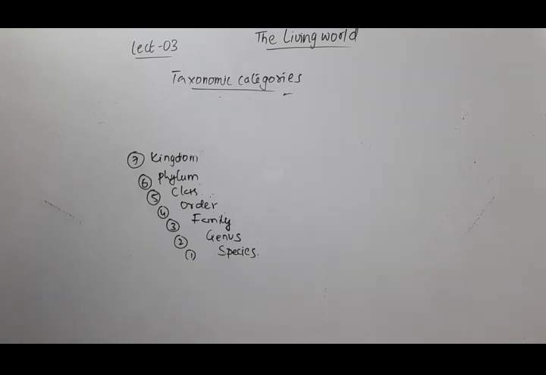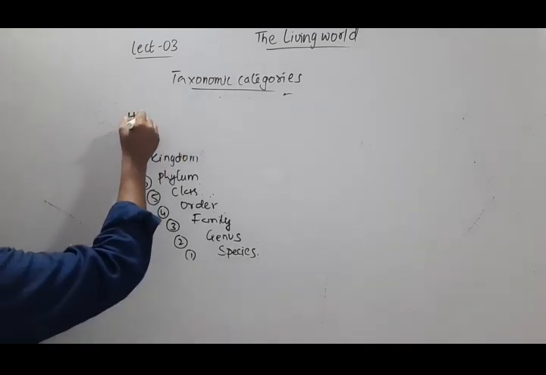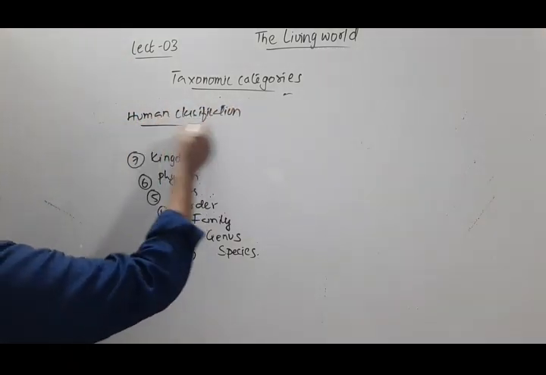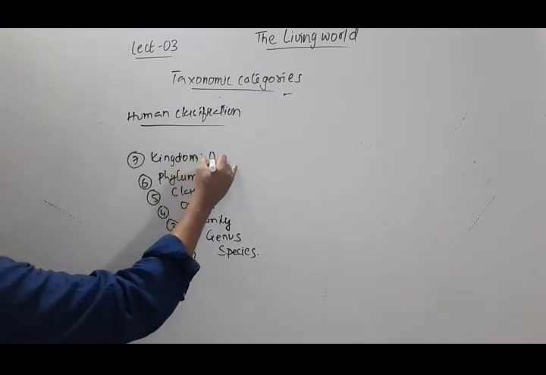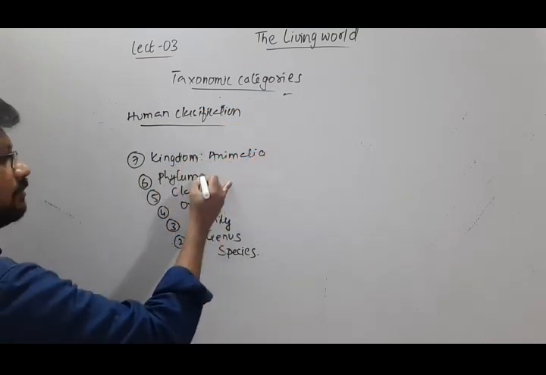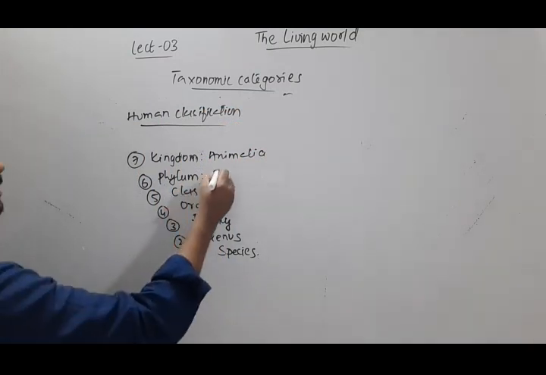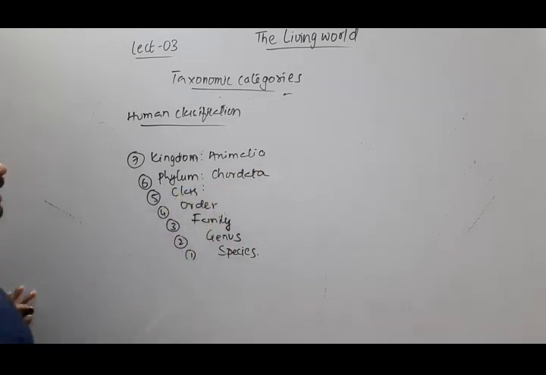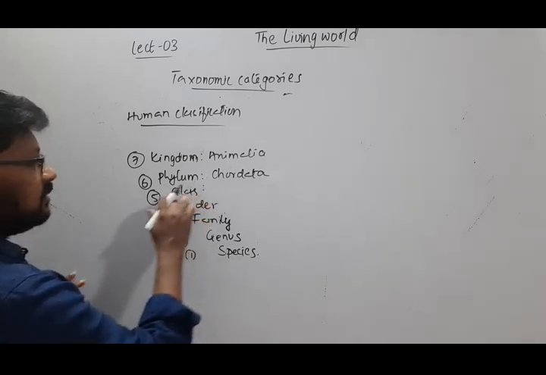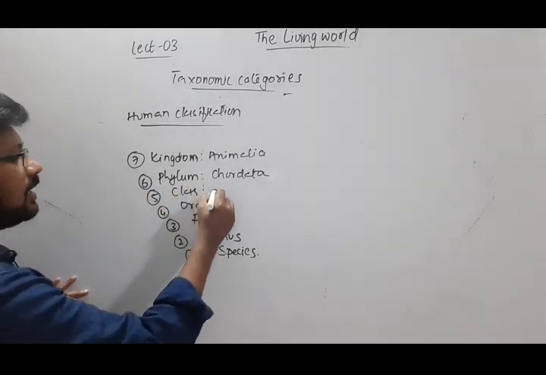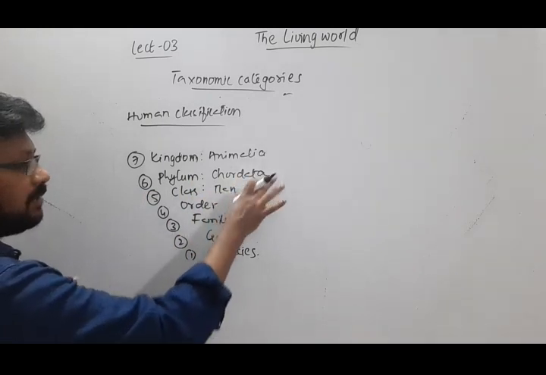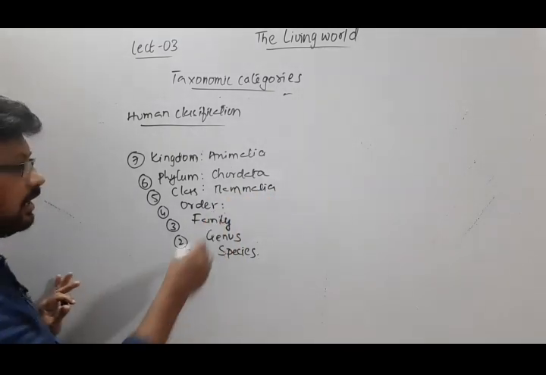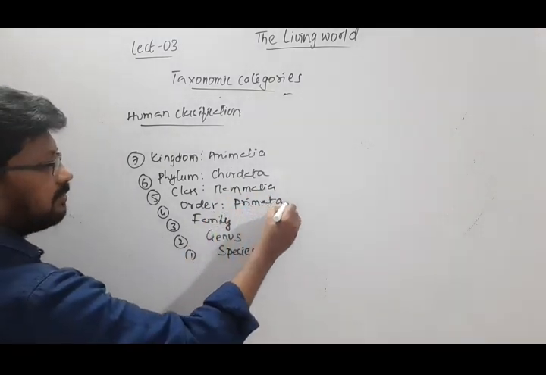So here let's look at human classification. Coming to the kingdom, we know humans belong to kingdom Animalia, and we are chordates, so that is Chordata. Humans have mammary glands, hence they belong to the class Mammalia. Then the order: we belong to the order Primata.